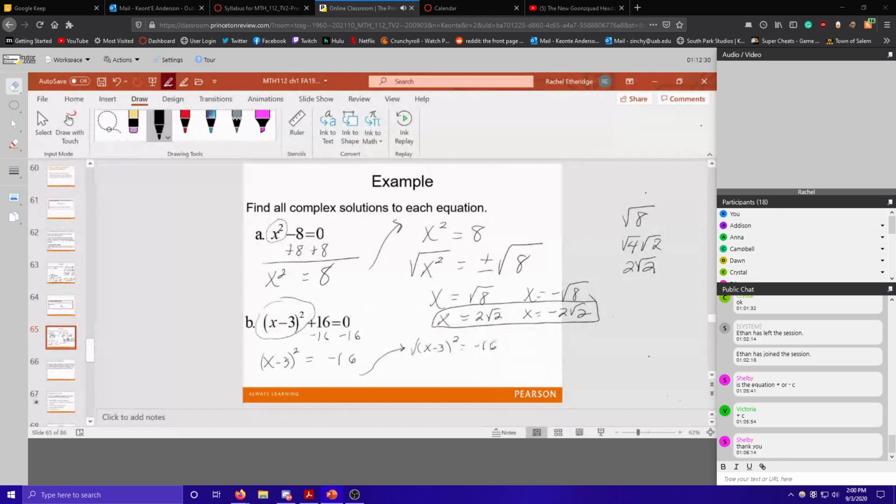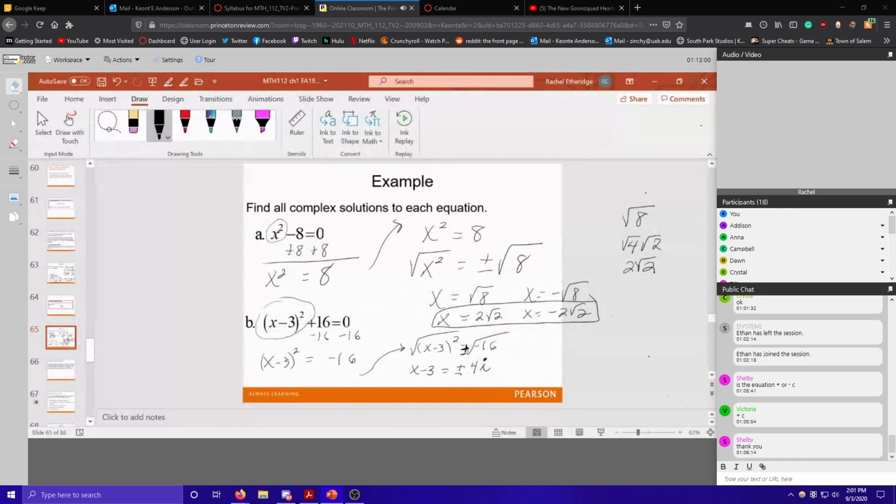I can take the square root of both sides and I get two equations. Just put a plus or minus right here when you do that. I'm going to get x minus 3, because the square root canceled the square, equals plus or minus. Now that's a perfect square, but I have a negative there, so that's going to give me 4i.